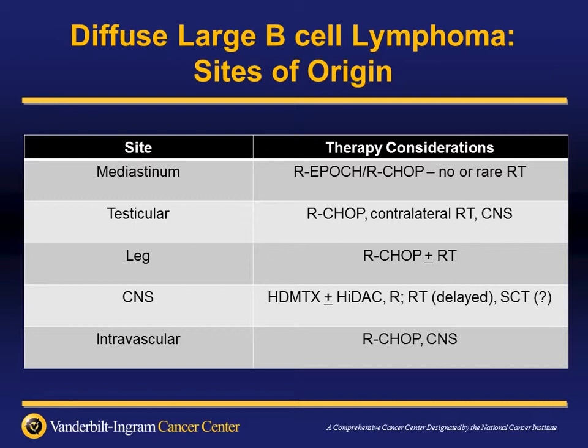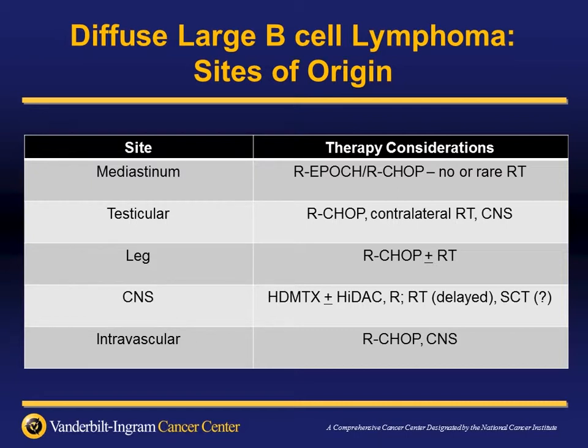Testicular lymphoma, R-CHOP, after an orchiectomy, radiate the contralateral testicle, and you have to give them CNS prophylaxis. Primary cutaneous lymphoma of the leg, R-CHOP plus minus radiation therapy. CNS, which are large B-cell lymphomas, high-dose methotrexate plus minus high-dose Ara-C, and rituximab. Radiation tends to be delayed at this point, but can be utilized at some point in the treatment.